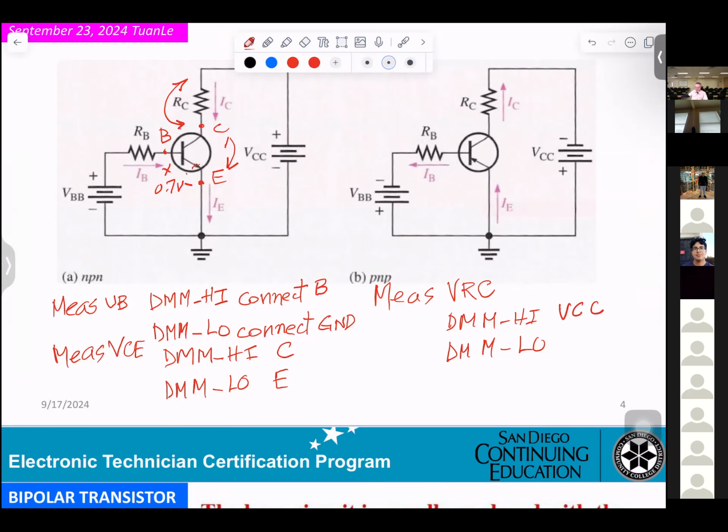Connect to letter C, collector. That's a minimum requirement. Okay? You must know.